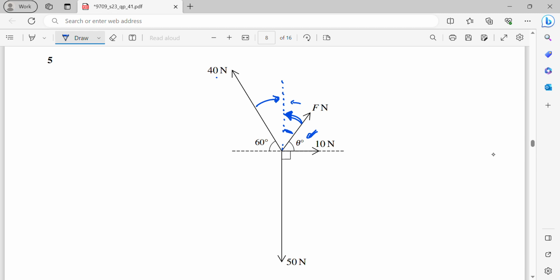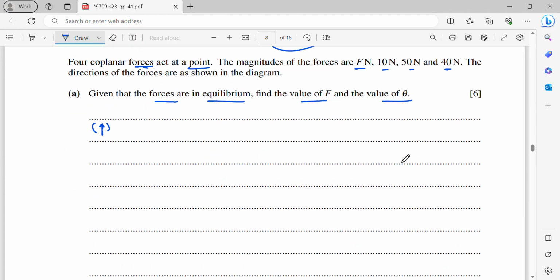So now the vertical direction. For the vertical direction, the forces will be F sine theta plus 40 sine 60. Because they are in equilibrium, the upwards will be the same as the downwards force, equals 50 N. So that is my first equation. So I will get 40 sine 60 degrees plus F sine theta equals 50.